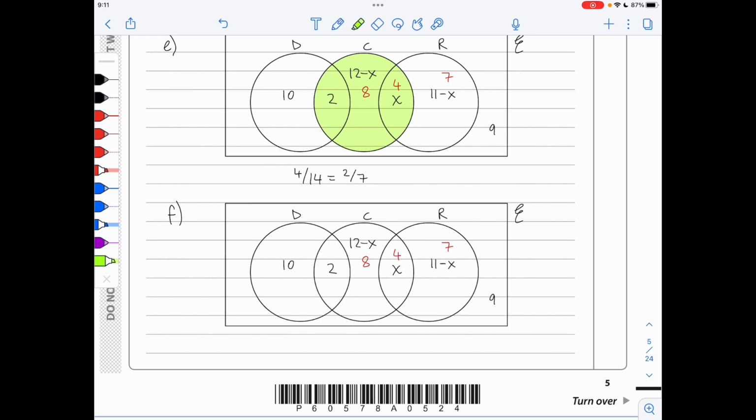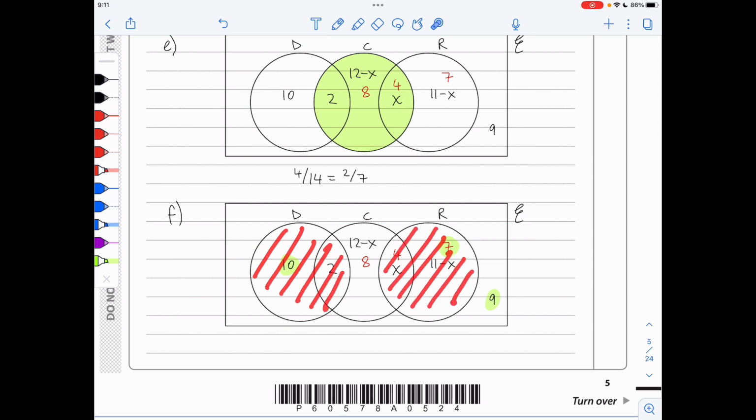So knowing that we are outside of C means that we can be here or here or here, and we are wondering what's the probability that we are in D union R, which means either D or R, and I'm taking the intersection with the things I already know for sure.